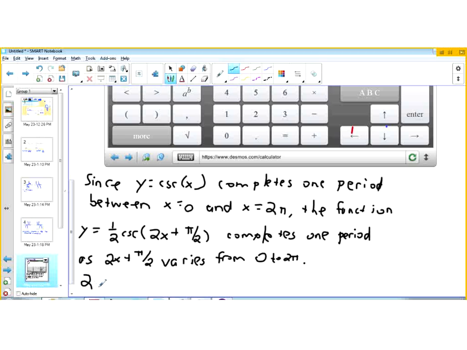Okay. So the start of the period for this function would be found by setting 2x plus pi halves equal to 0 and solving for x. So that means that x would equal negative pi fourths.